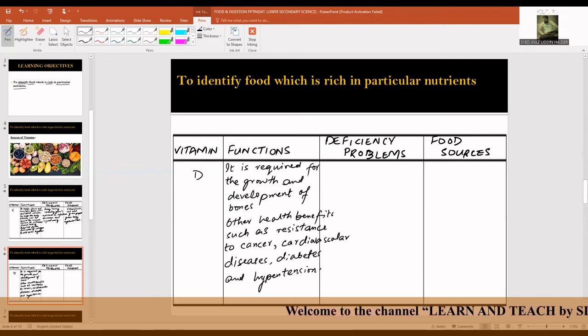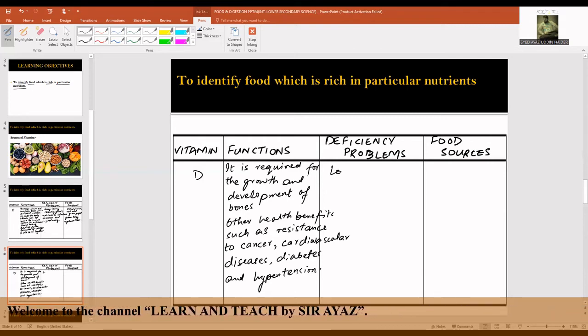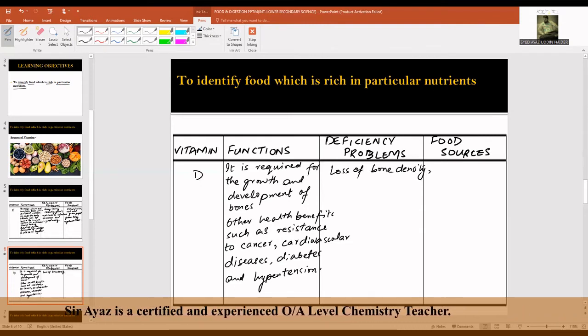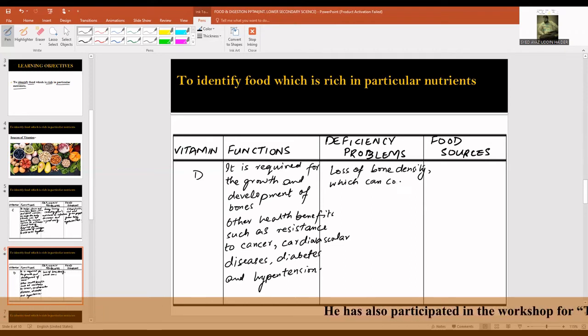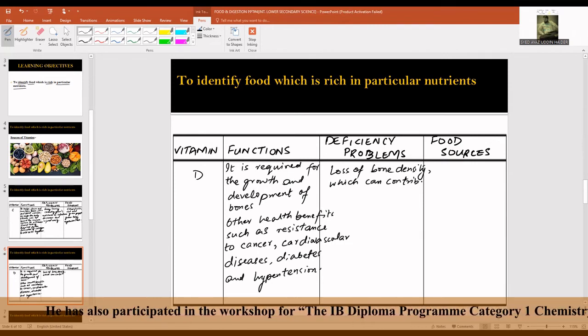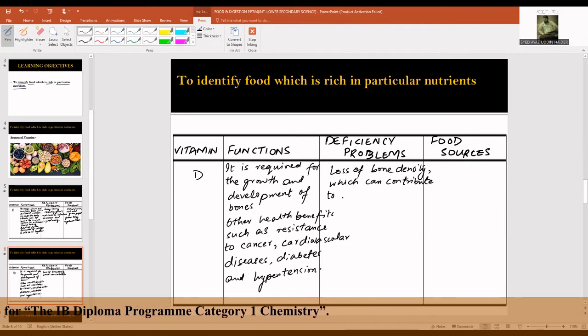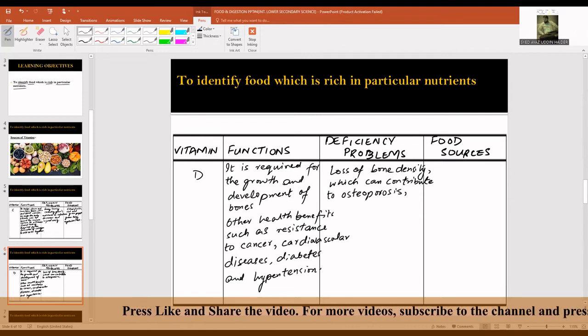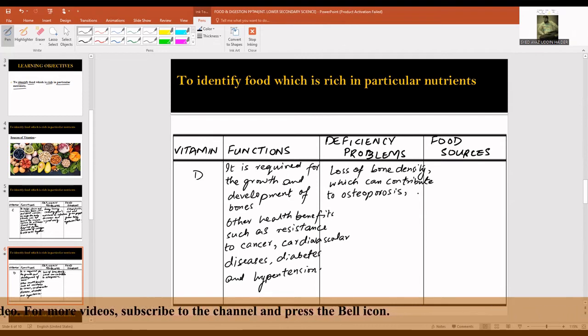A deficiency problem, loss of bone density, which can contribute to osteoporosis and fractures.